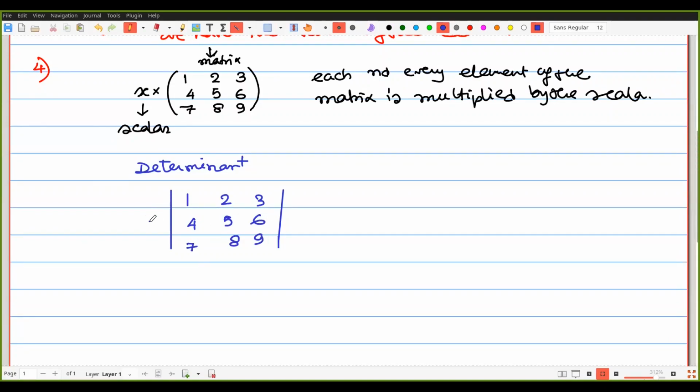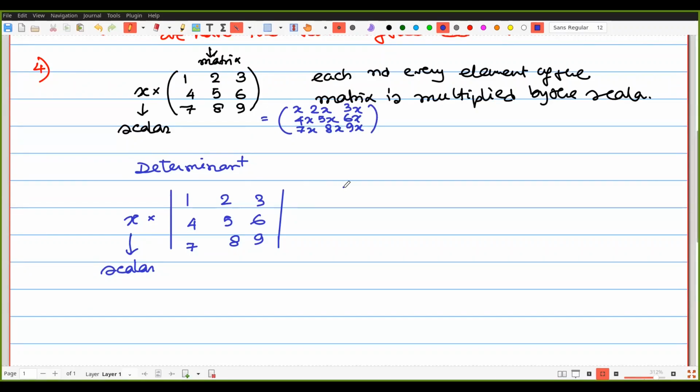Then we multiply the determinant with a scalar, suppose x. Just remember, in the case of a matrix, each and every element is multiplied, so it becomes x, 2x, 3x, 4x, 5x, 6x, 7x, 8x, 9x.